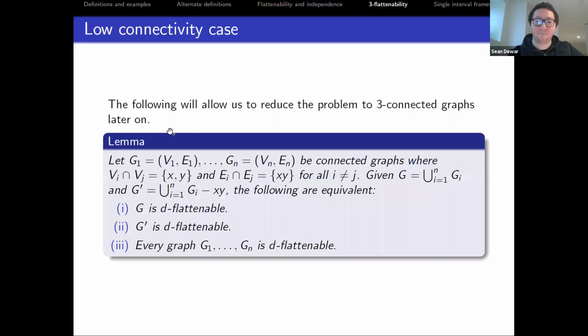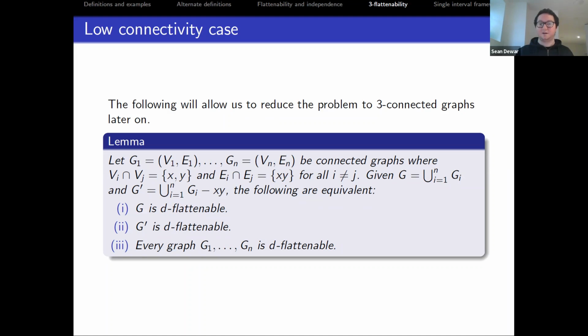So, okay, we've got here some graphs. We can assume they're all connected, and they're all joined together at 2 vertices. But even more than that, they're all joined together at some edge xy. So each graph G_i contains the edge xy, and then we've glued them all together at the edge xy.